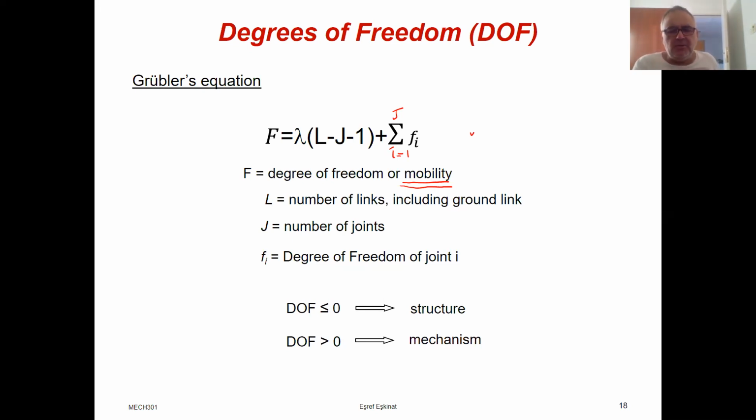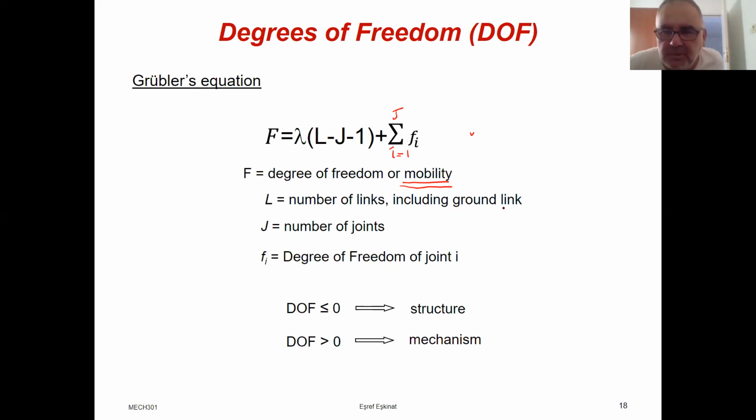Now, if it comes out that the degree of freedom is zero, or even in some cases you might get a negative number, it is possible to do that. It means that you have a structure.